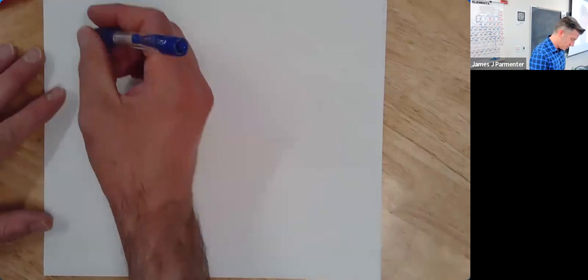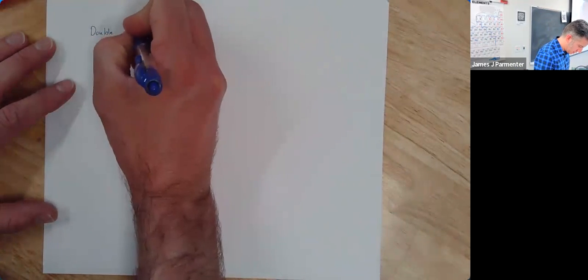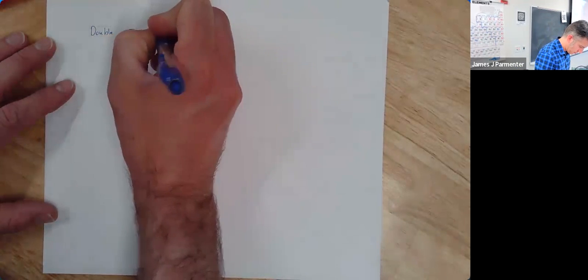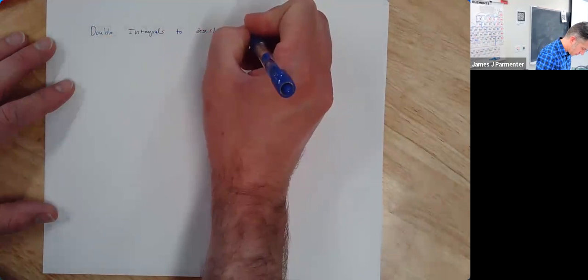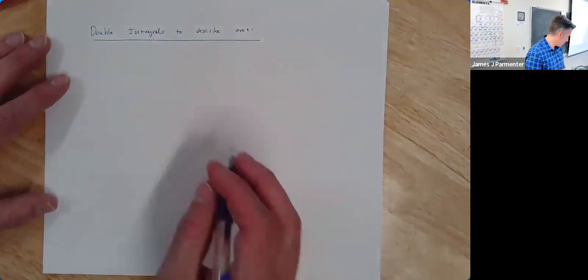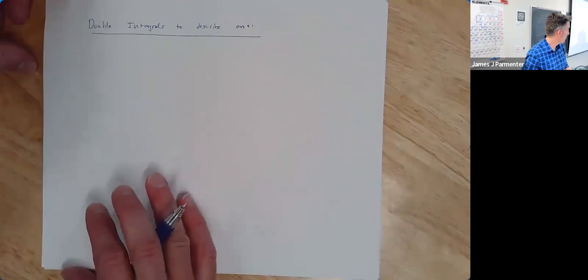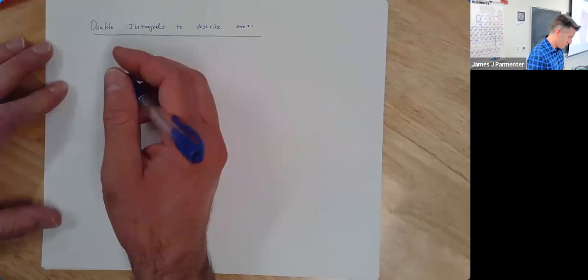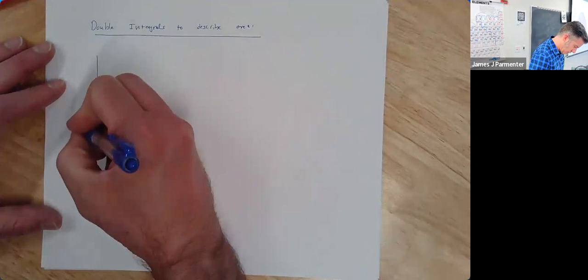So let's back up a little bit. Let's use some double integrals just to describe an area. For example, let's say we wanted to find, let's make it not too terrible, this region I'm about to draw here.